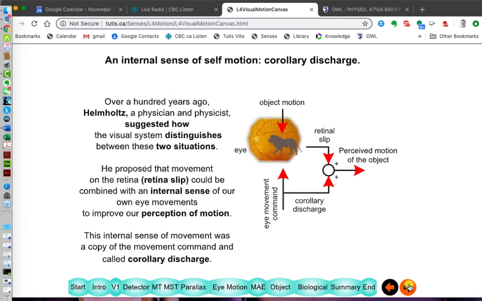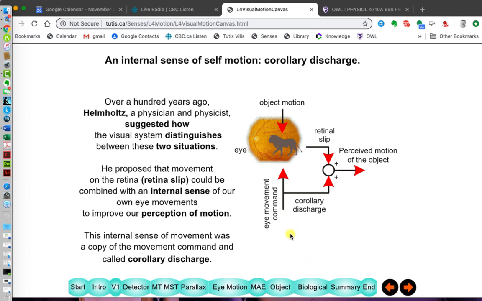And a guy called Helmholtz, over 100 years ago, he was a physicist and a physician, suggested how this problem is solved by the brain. He proposed that movement on the retina is combined with something called an internal sense of motion that he called corollary discharge.